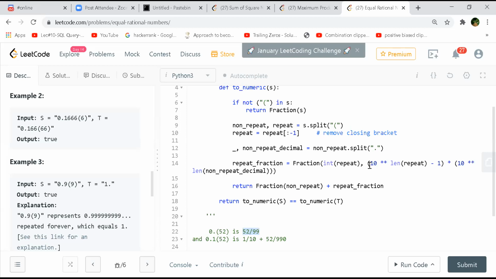Instead of 52 divided by 1000, it should be 1000 minus 10, because 10 corresponds to 0.1, right?